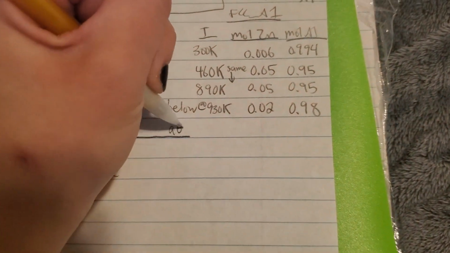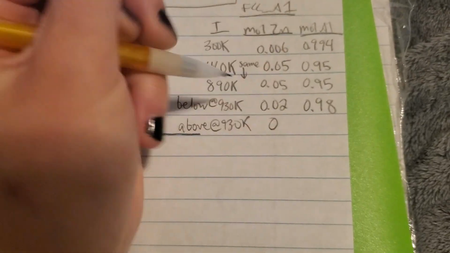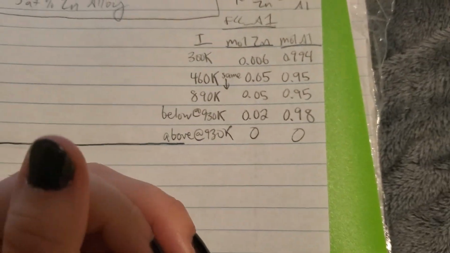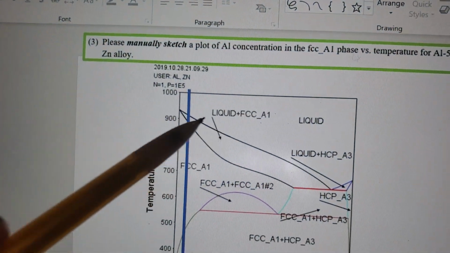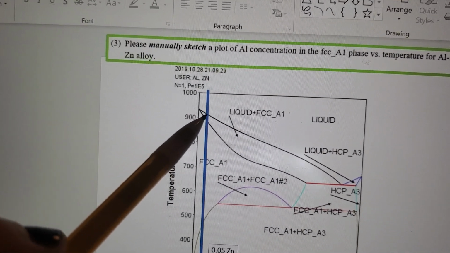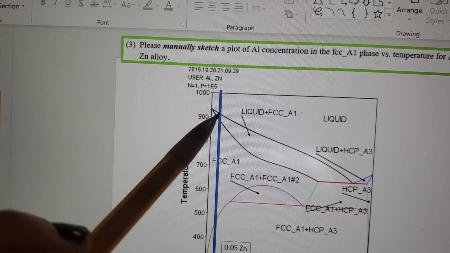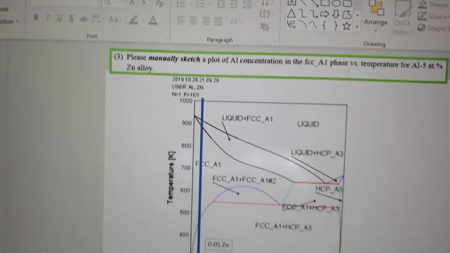So we'll write that here. Above 930 Kelvin, 0 moles of zinc, 0 moles of aluminum, and that's because of the cutoff range where no FCC-A1 is present, because FCC-A1 decreases as temperature increases.